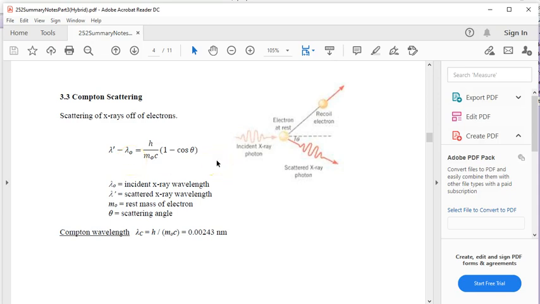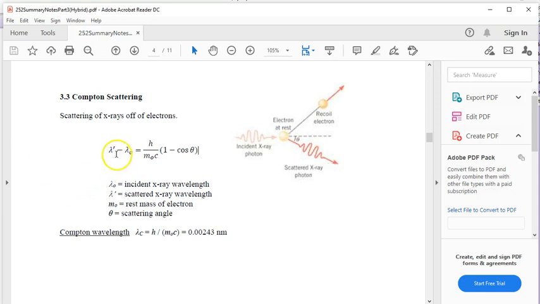This makes sense because when the photon collides with the electron, it's going to lose energy. Some energy goes into the kinetic energy of the electron. So the scattered X-ray photon should always have less energy than the incident photon. Less energy means longer wavelength.